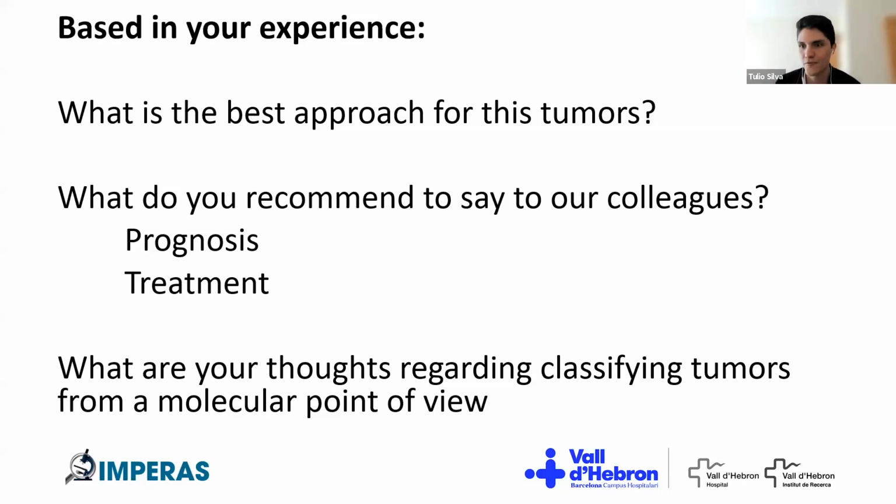But of course, the first question was, okay, so what are we going to do with this? First of all is grading, right? Because you show few mitoses, so it's not necessarily the highest grade sarcoma or tumor you've ever seen. So from that perspective, I would not necessarily say, give chemotherapy to this patient.